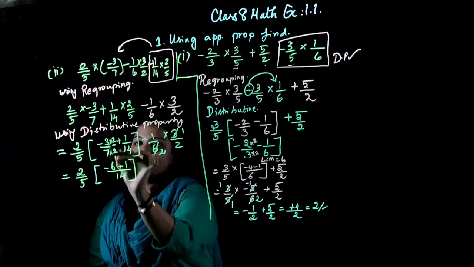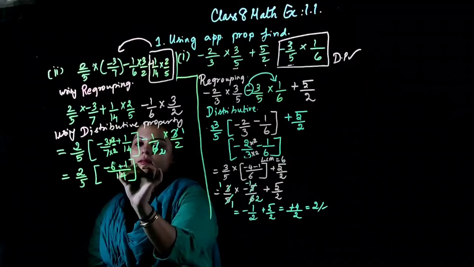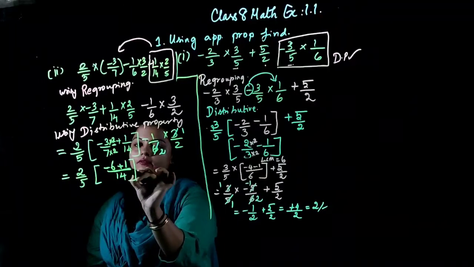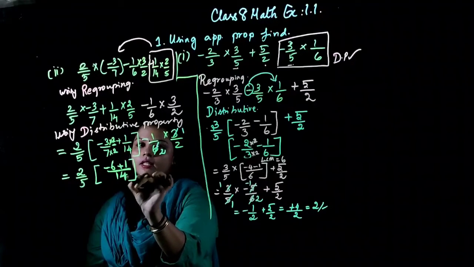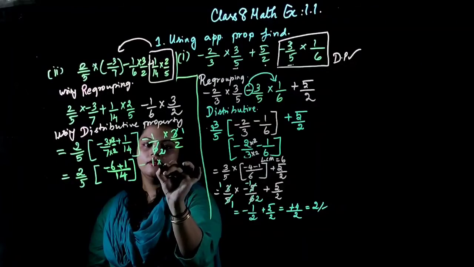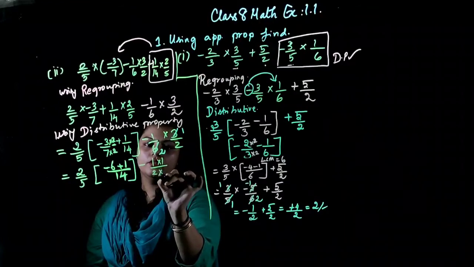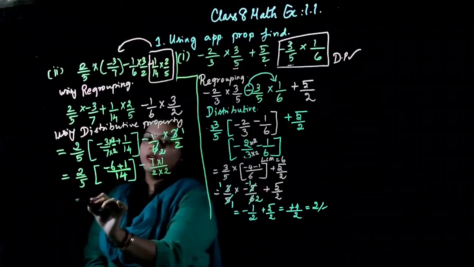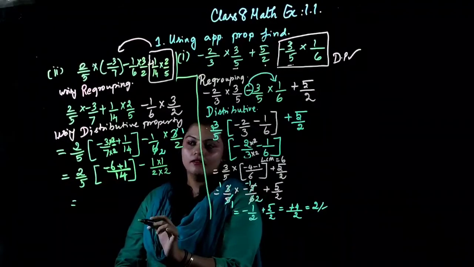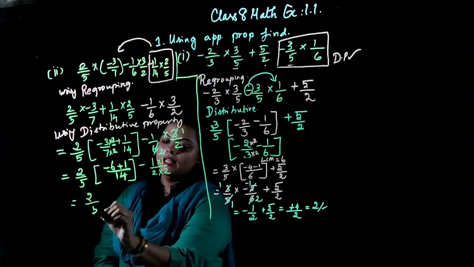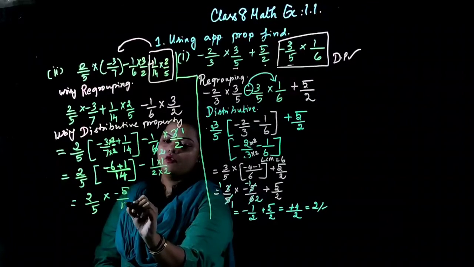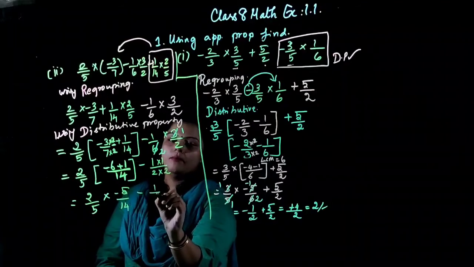So it becomes minus 3 into 2, which is nothing but minus 6 plus 1, all divided by 14. And here we have minus 1 into 1 divided by 2 into 2. So minus 6 plus 1 is nothing but minus 5 by 14.